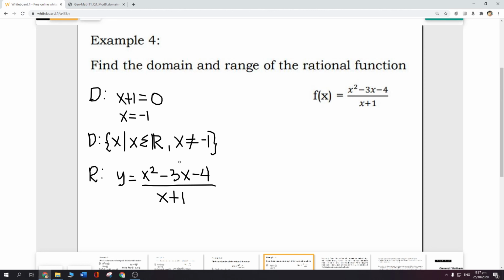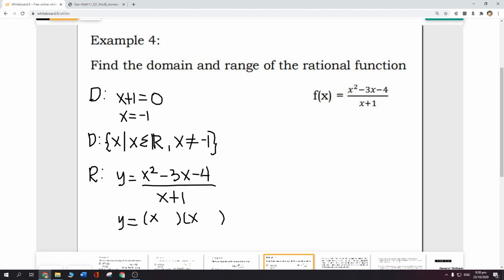If you notice, our numerator here is factorable. So we have x and x here.